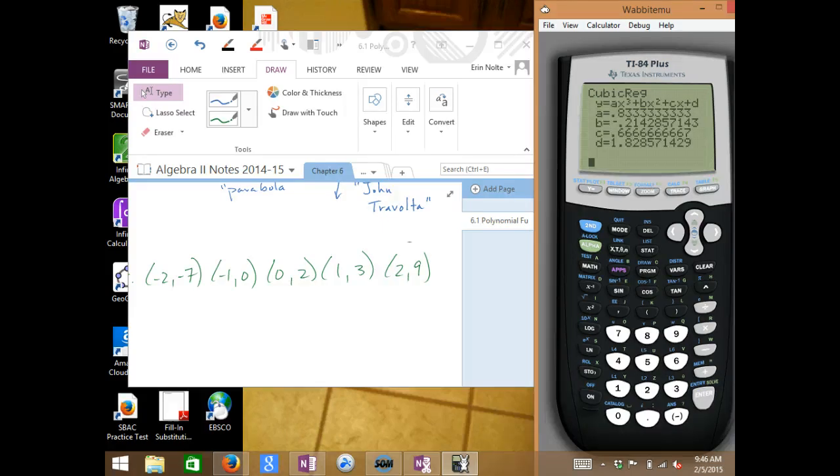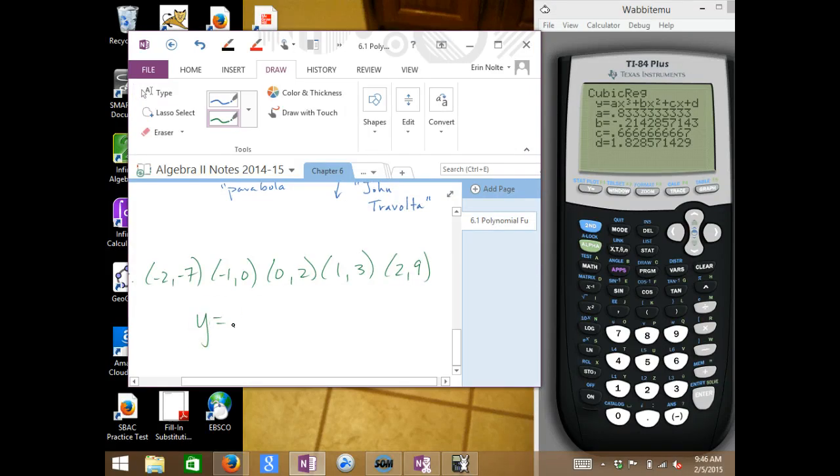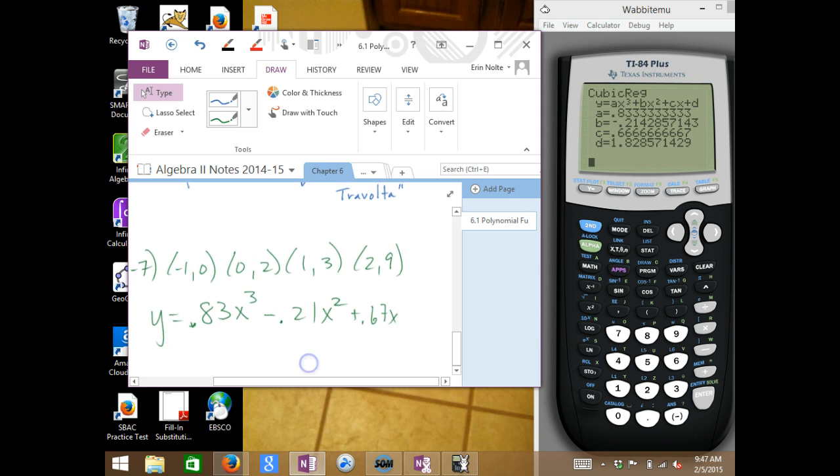Okay, so when it pops out the equation, that looks very similar to a polynomial that we just talked about with each of the terms. So my equation for this is going to be y is equal to 0.83, let's just round to 2 decimal places, x cubed minus 0.21 x squared plus 0.67x plus 1.83.